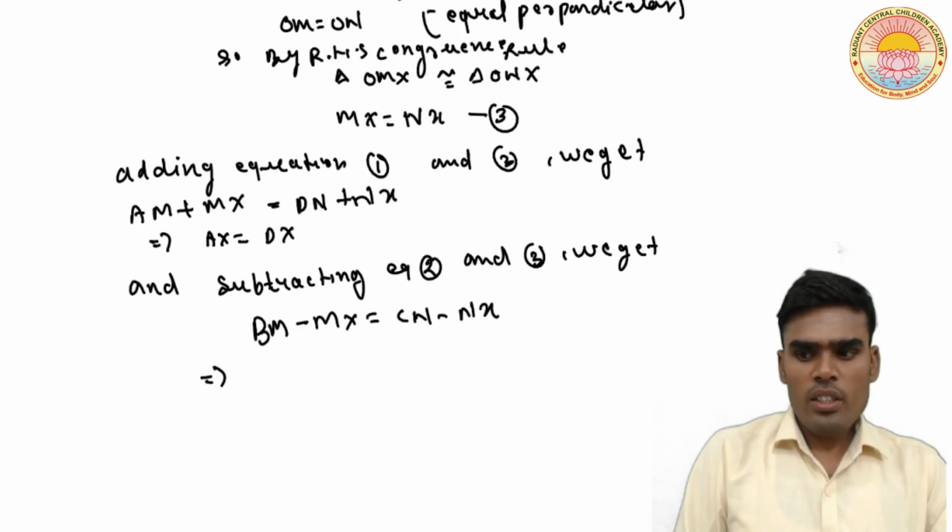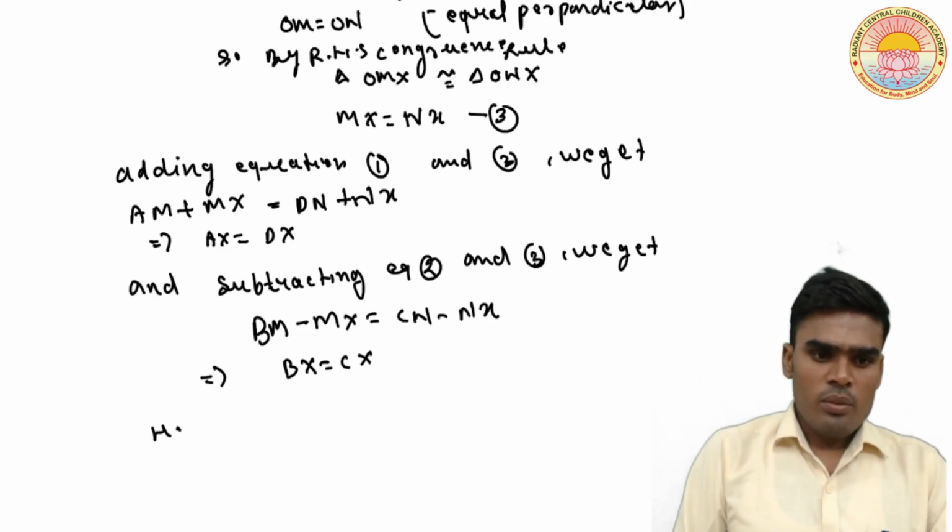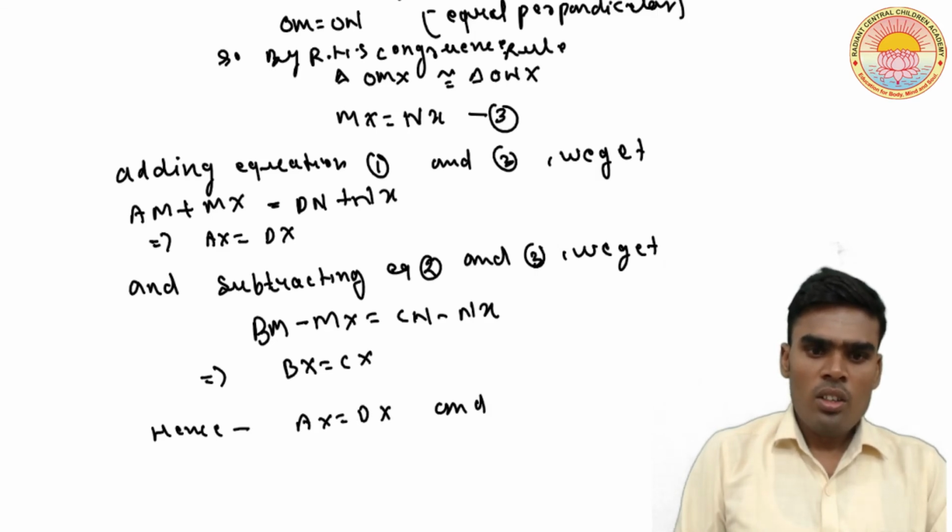This implies that BX is equal to CX. Hence, AX is equal to DX and BX is equal to CX. Hence, proved.